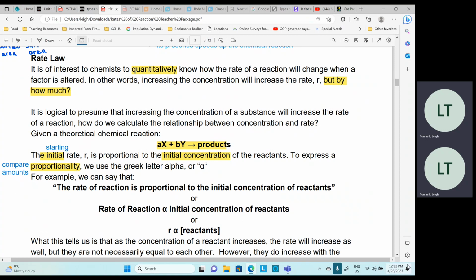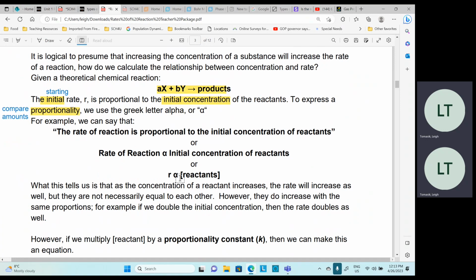So instead of having an equation, we have this expression here, R alpha reactant, the concentration of the reactants. So what this means is if the concentration of the reactants goes up, the rate of reaction will also go up.